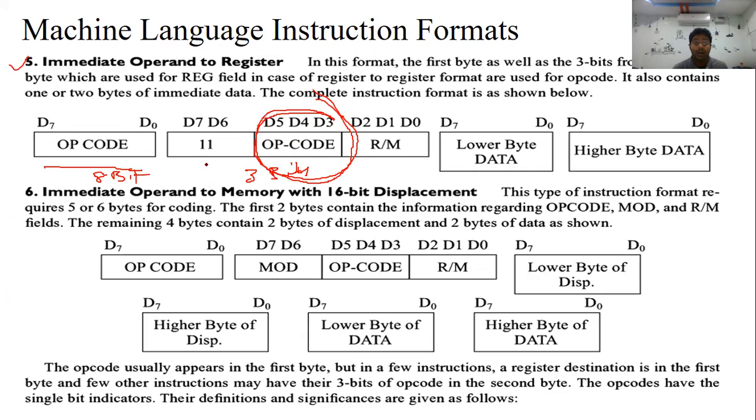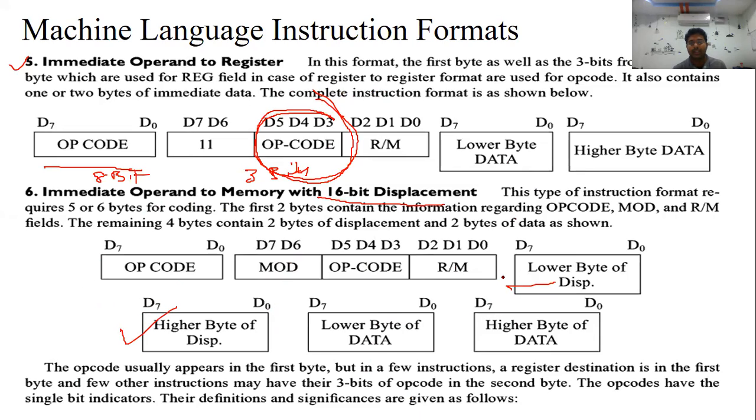Opcode means operation code; it tells which type of instruction we are going to formulate, whether an arithmetic instruction or a logical instruction. Then immediate operand to the memory with 16-bit displacement. Whenever the displacement comes, it takes 2 extra bytes to the 4-byte instruction.